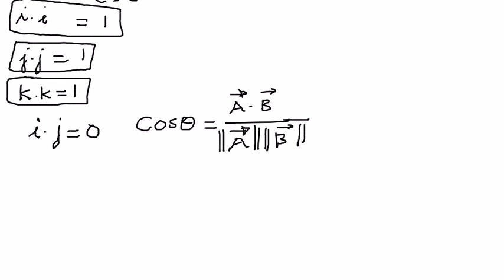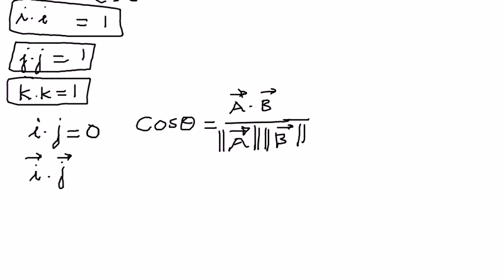In here, vector A is I for us, and vector B is the J vector for us, because we are looking at vector I as a unit vector and vector J as a unit vector. Therefore, we want to find the angle between these two.